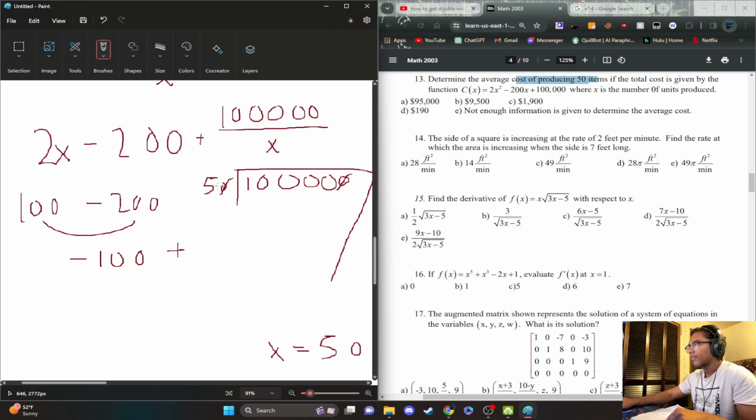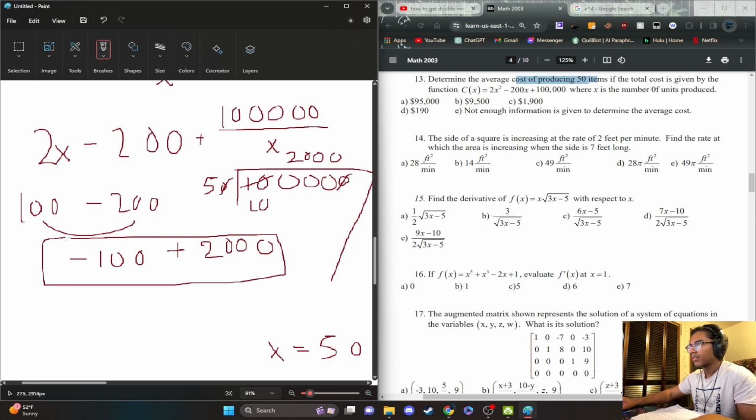You have 10,000 divided by 5, which is 2,000. So you have 2,000 plus negative 100, and this gives you 1,900. And there's your answer for number 13, which is C.